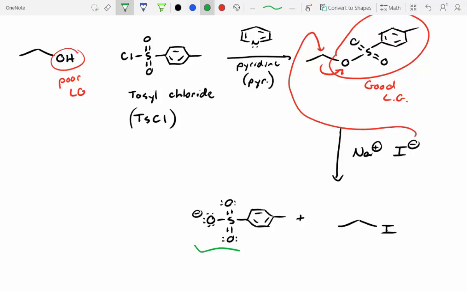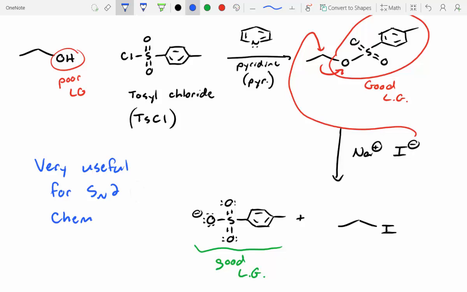And we said that this is our good leaving group. This is a really, really useful transformation. This is very useful for SN2 chemistry. The one where we used acid, that water can fall off in an SN1 fashion, or it can do SN2 chemistry.